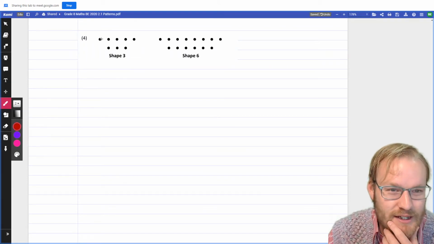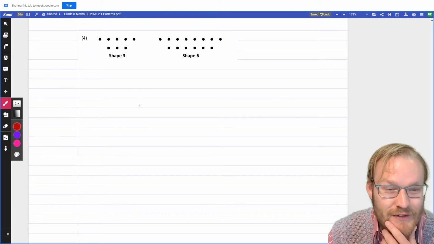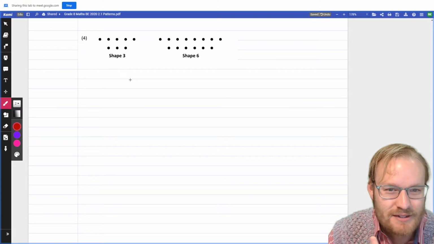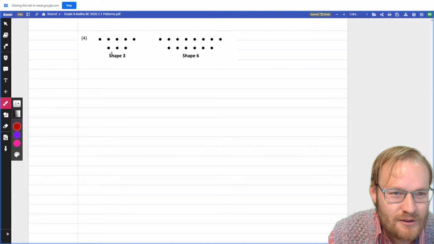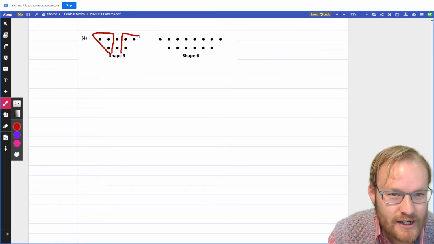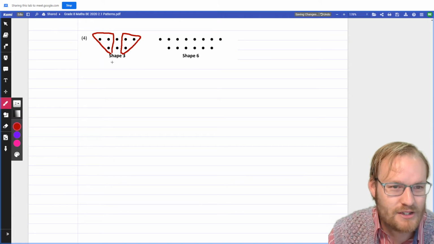Now I'm stuck seeing these antennae on the side. Well, maybe let's stick with that kind of antenna idea. What I see is this little triangle there, and I've got this triangle over there, and then I've got that group in the middle. So let's do it that way.